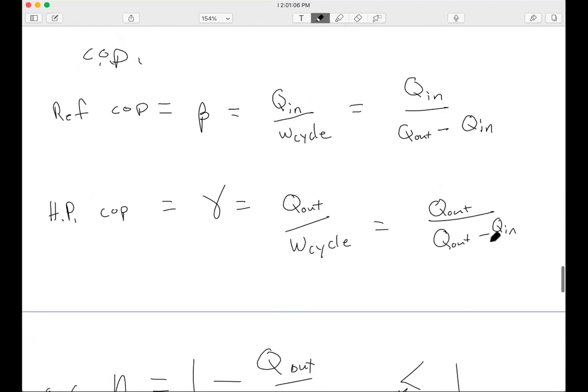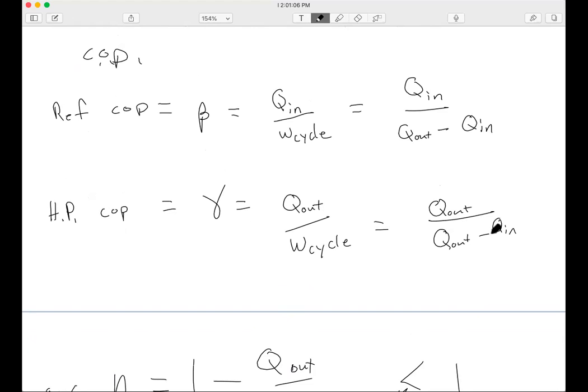And with a little bit of thought, you can see that the heat for the cycle has to be negative, which means the net heat is negative, which means Q out is bigger than Q in.